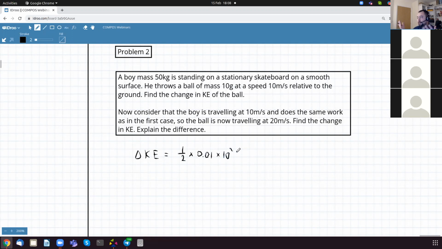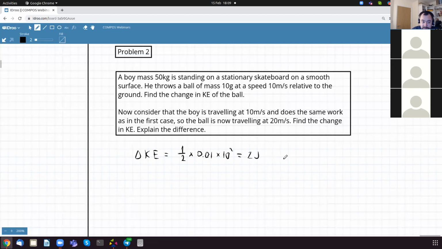Well, we know the ball started stationary, and the boy throws the ball, and now the ball has kinetic energy. So the change in kinetic energy is the final kinetic energy minus the initial kinetic energy, which is zero, so it is the final kinetic energy, which is 2 joules. Is it 10 grams, 100 times, yeah, 2 joules.